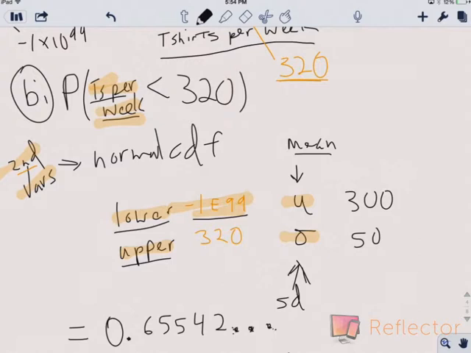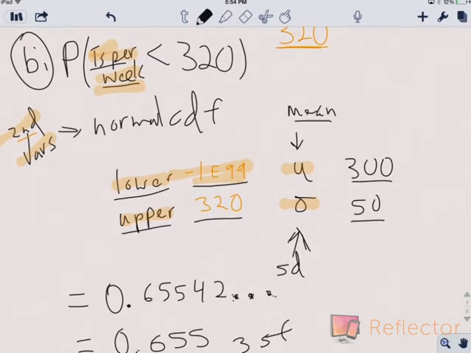Our upper boundary is 320. And again, from the information given, 300 and 50 are our mean and standard deviation. So we would input that onto the calculator, and the output would be this value here. Remember that notation like this, 0.65542..., is perfectly acceptable on the test.